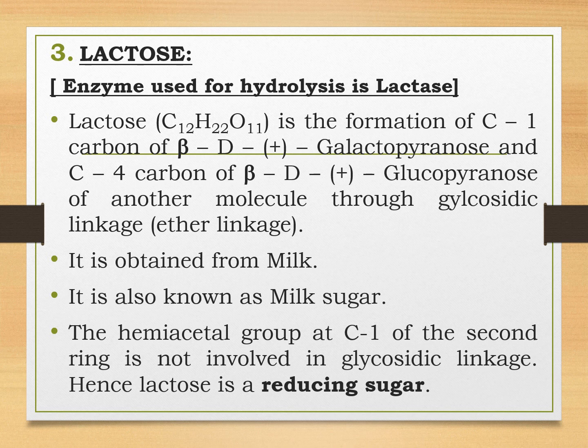Now again, a very important thing: even lactose is a reducing sugar. That is because, my dear students, you can see the hemiacetal group at C1 of the glucose unit is not involved in the glycosidic linkage and it is free. That is why it is a reducing sugar.